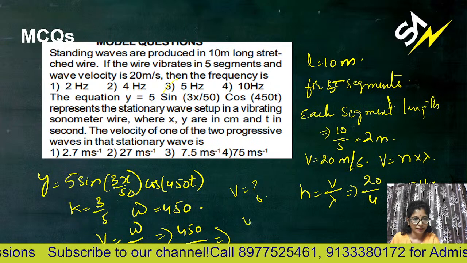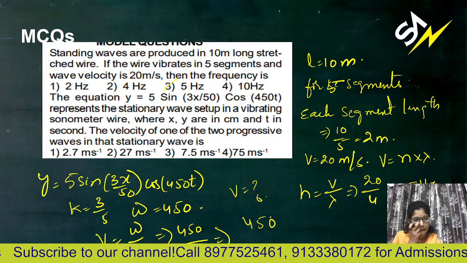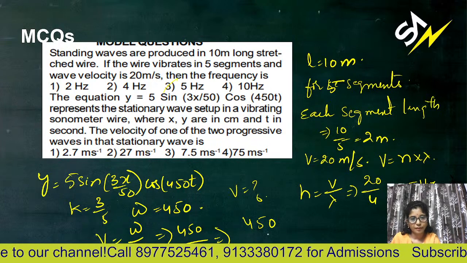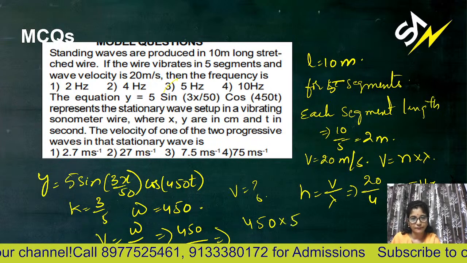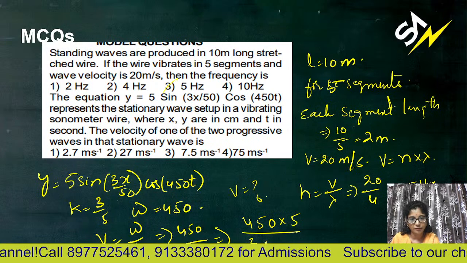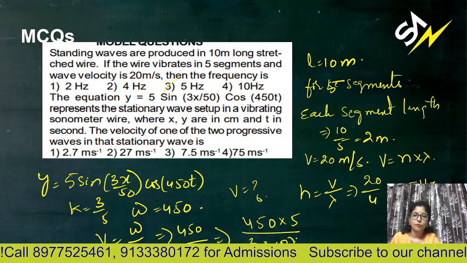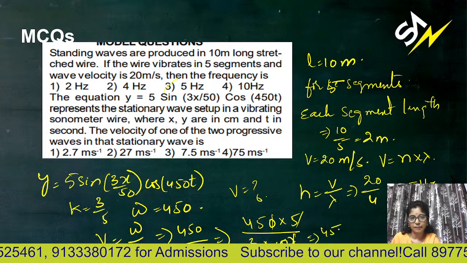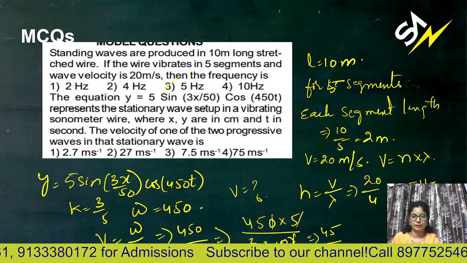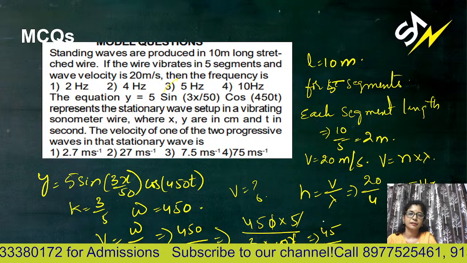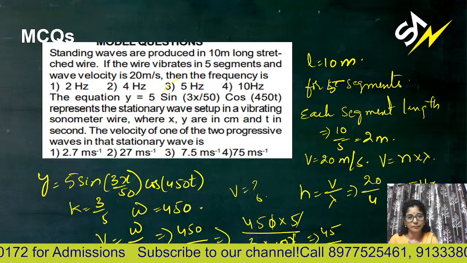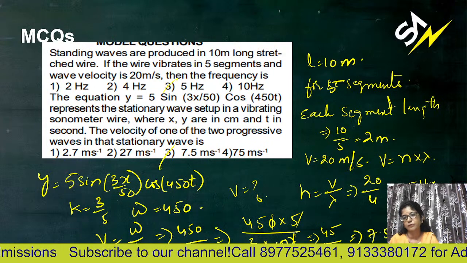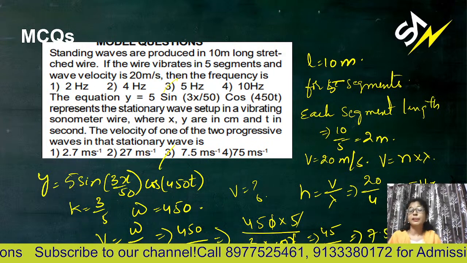So you get 450 into 50, this 50 comes up, 3 into 100. So 45 by 6, 6 sevens are 42. You will get about 7.5 meter per second.